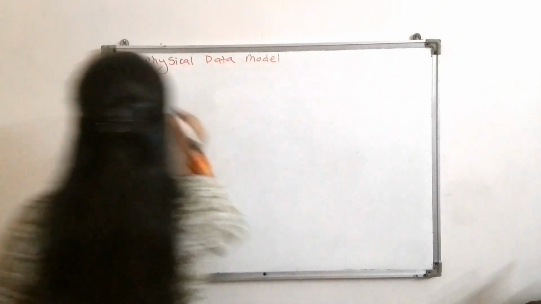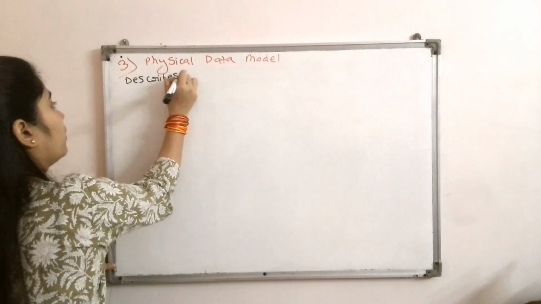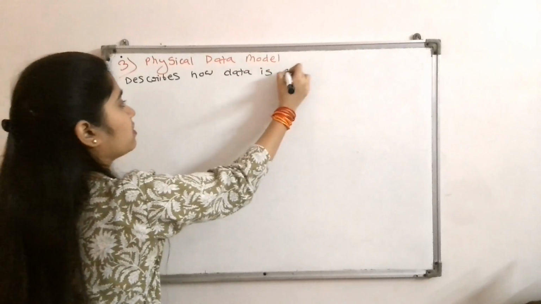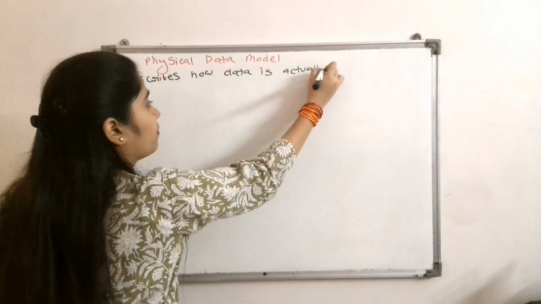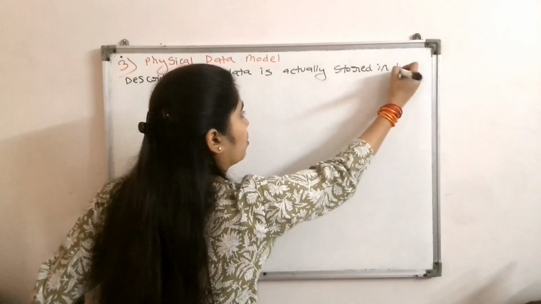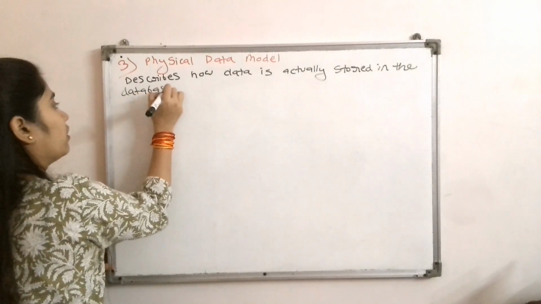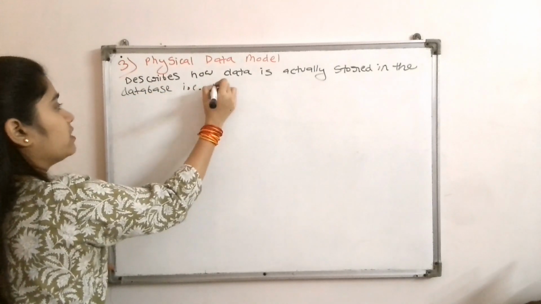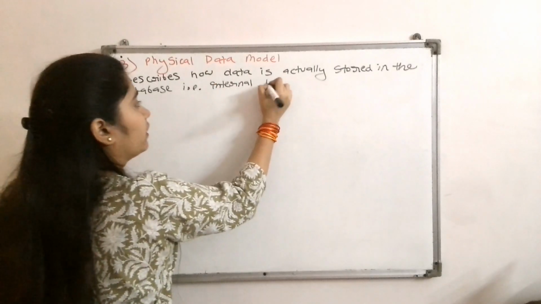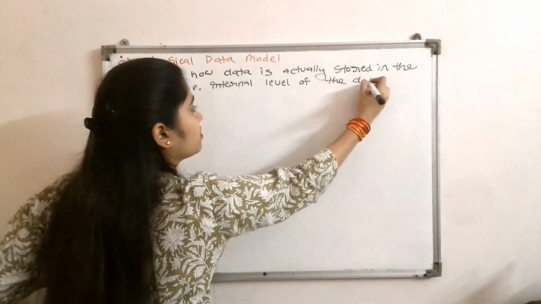Let's write it down here. Describes how data is actually stored in the database, that is the internal level of the database.